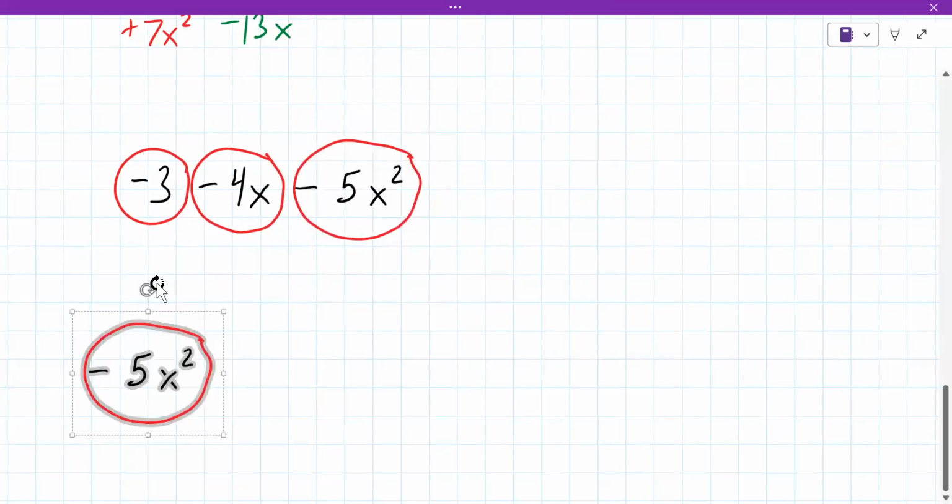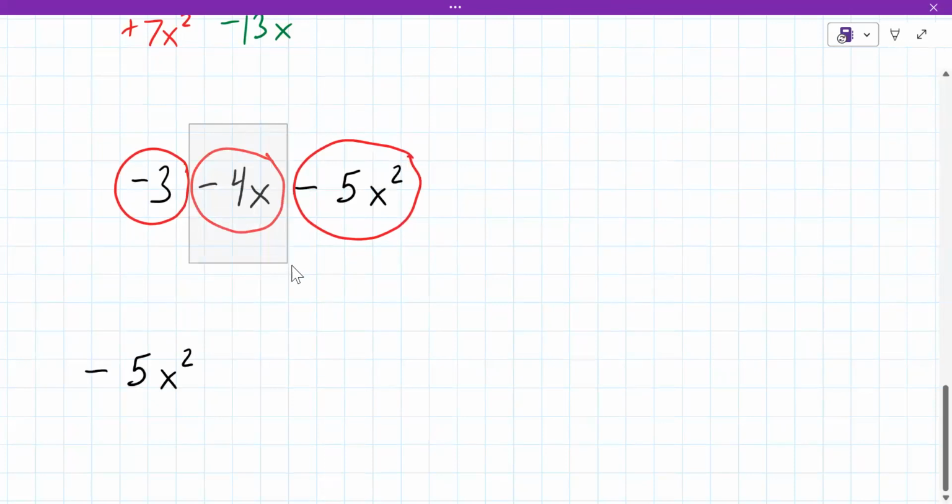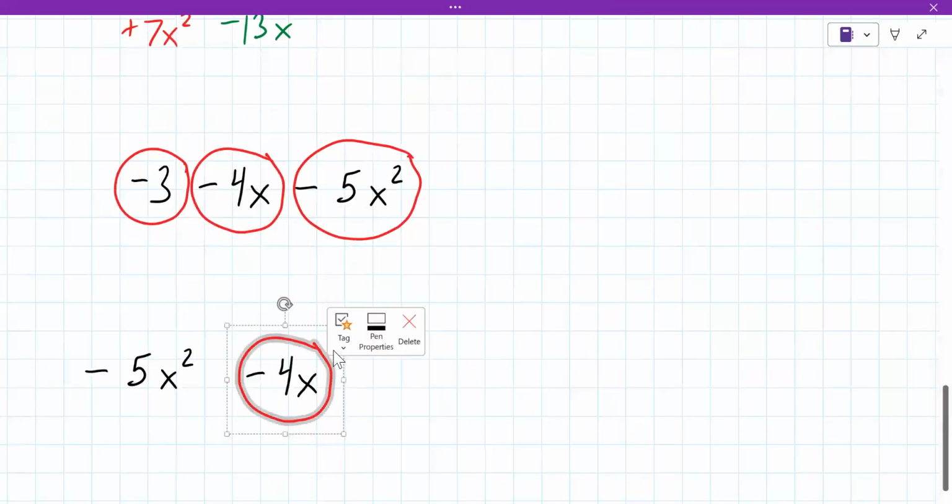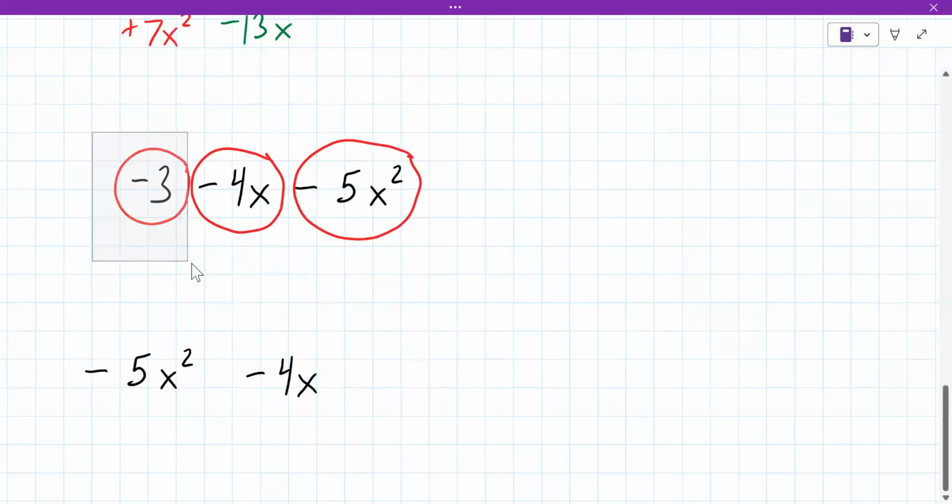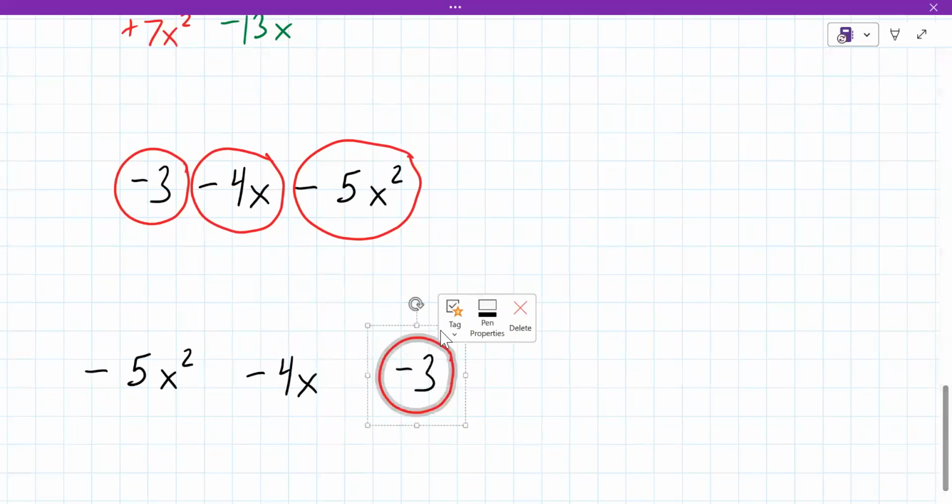You're like, okay, well, that minus 5x squared goes first. Then you grab the minus 4x, it goes next. Then you grab the -3. And you're like, well, it goes last. Has to be in descending order. The operators go with the terms.